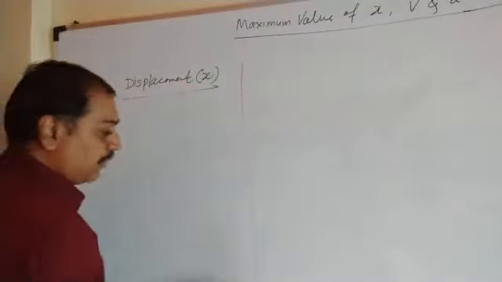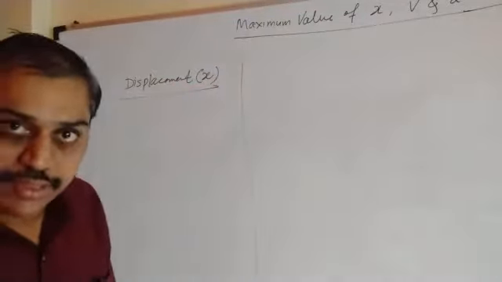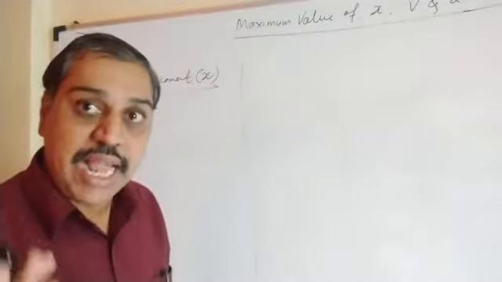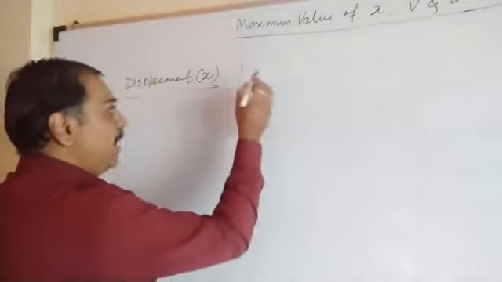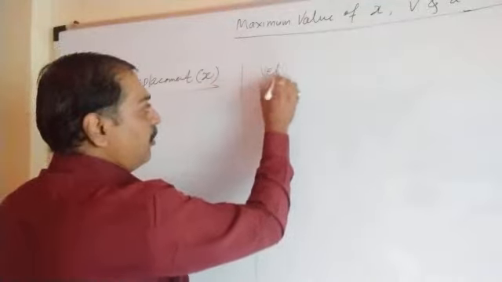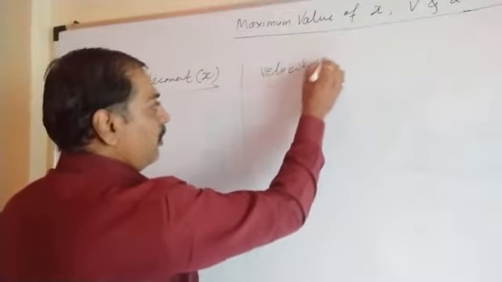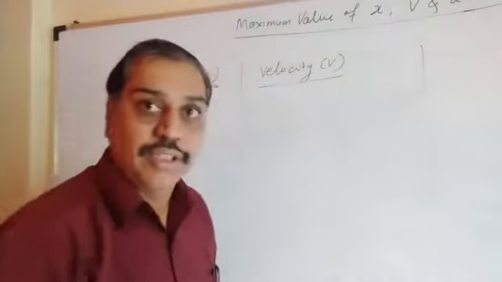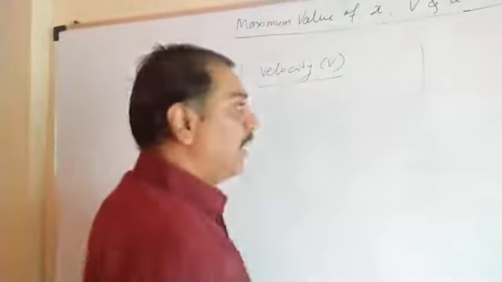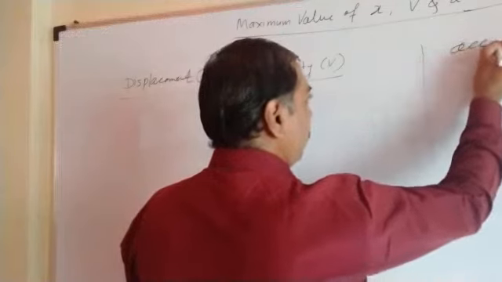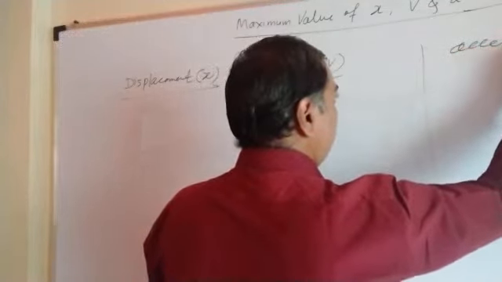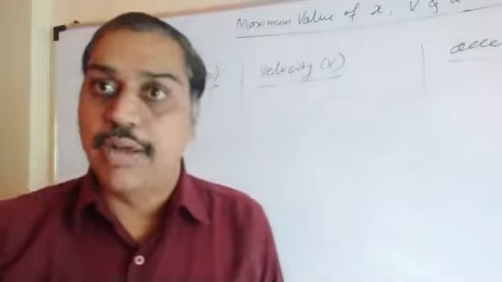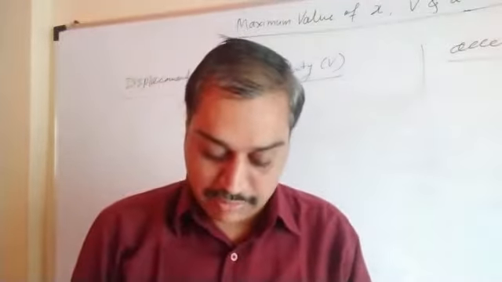Then we will derive the extreme condition or minimum condition. Then velocity represented by v, and last but not the least, acceleration represented by a.